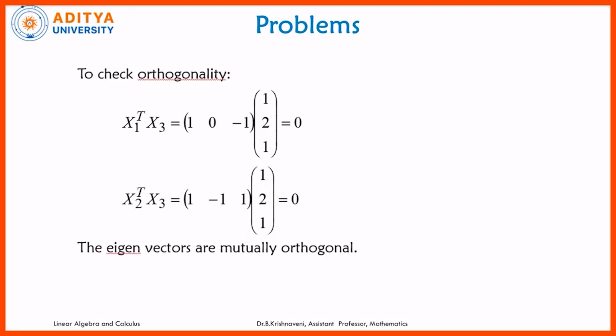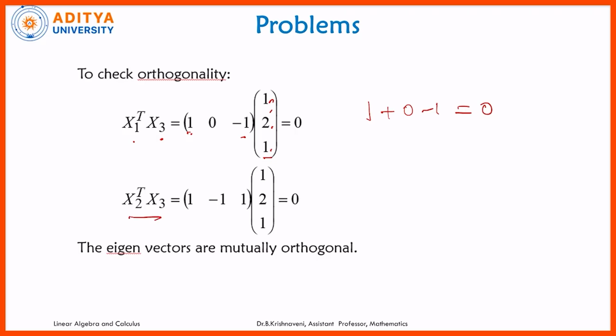Next, take the second pair x1, x3. Calculate x1 transpose into x3. So, x1 transpose is the row 1, 0, minus 1 and x3 is the column 1, 2, 1. Multiplying, 1 into 1 is 1, 0 into 2 is 0, minus 1 into 1 is minus 1, equal to 0.